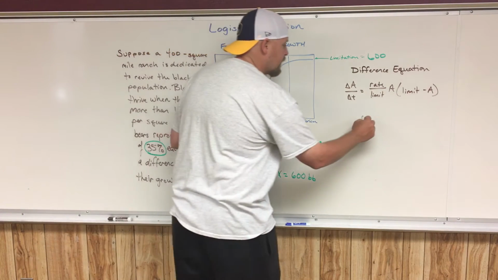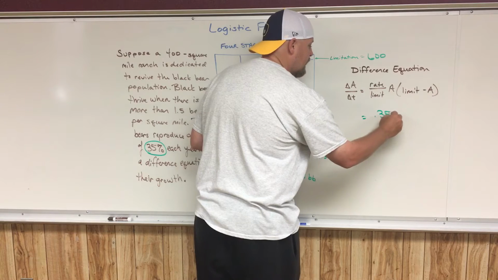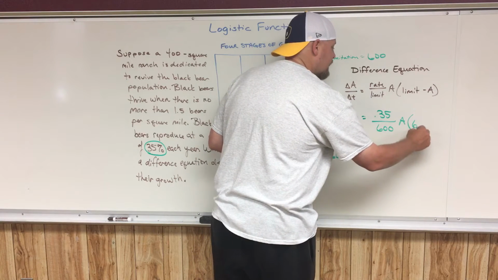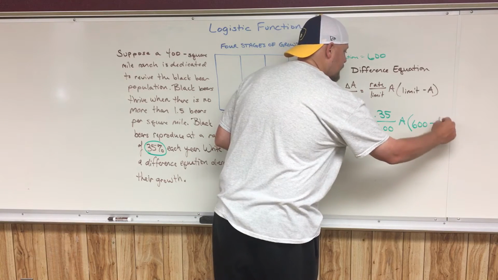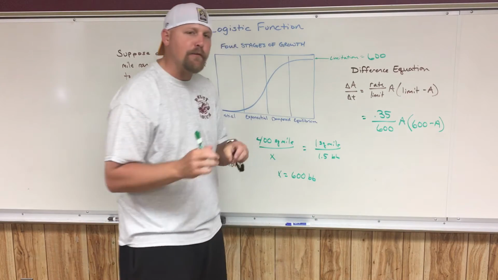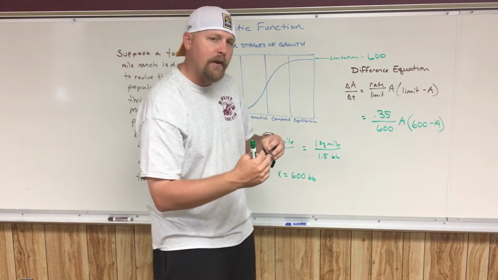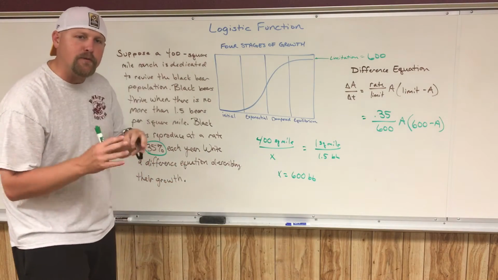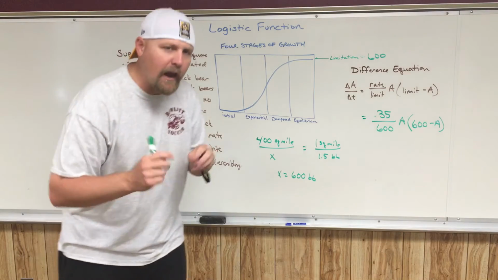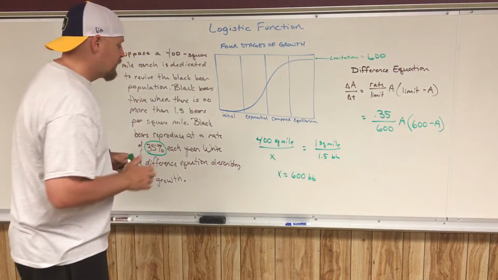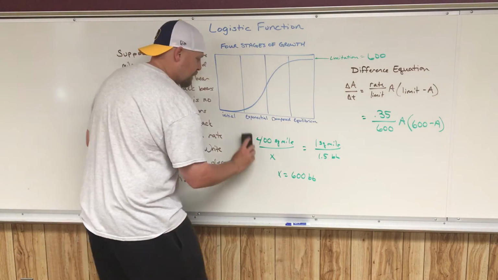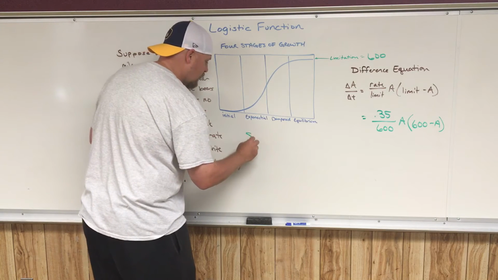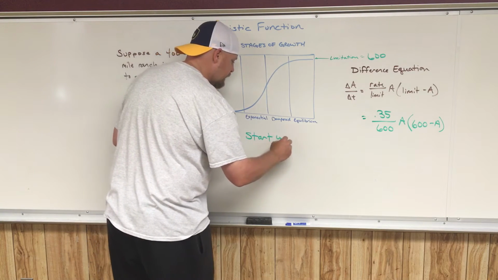My difference equation here is 0.35 divided by 600 times A times 600 minus A. That is my difference equation for this growth rate of black bears if we are limited to a 400 square mile ranch. Okay? So, if we start with 10 bears, we're going to start with 10 bears.